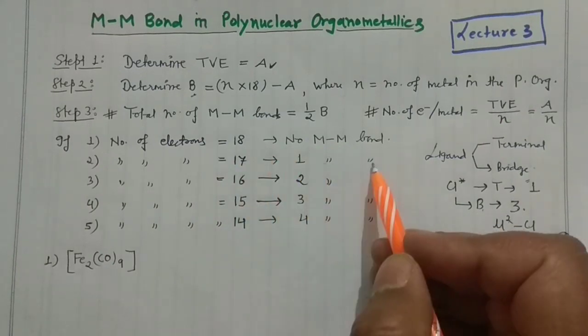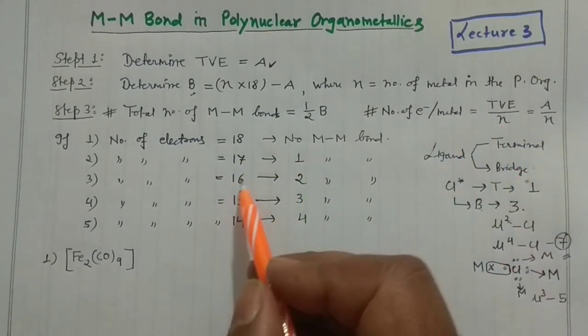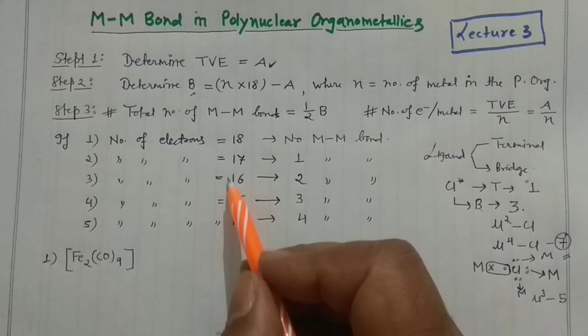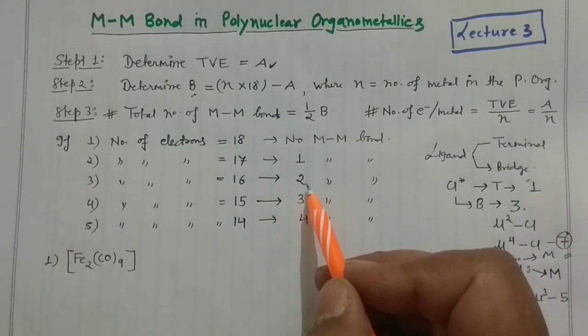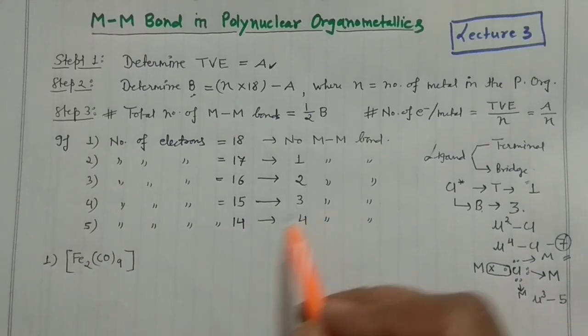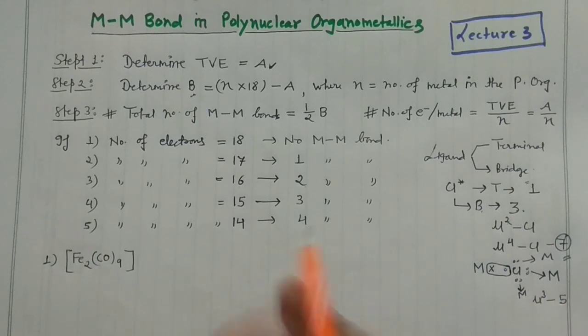So one metal bond would be present if it is 17. By this formula, if you are getting the total number of electrons as 16, then you will have two metal bonds. For 15 you will have 3, for 14 you will have 4, and for 13 and so on, you can do just like that.